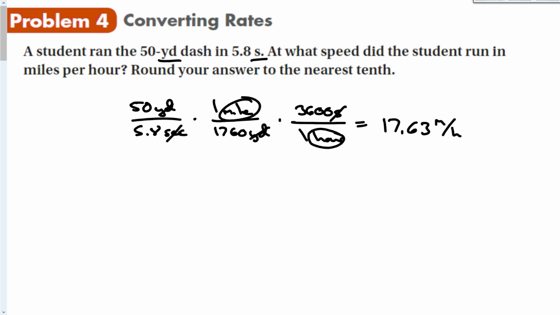Okay? Or if we want to write it, we could write it as 17.63 miles over 1 hour. But typically, when we write rates, we're going to write it like this. And miles per hour should sound pretty familiar, something you would see on your speedometer driving a car.